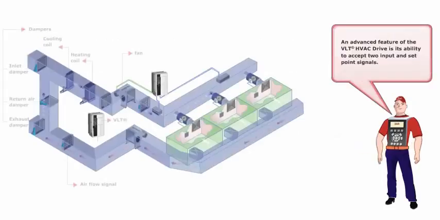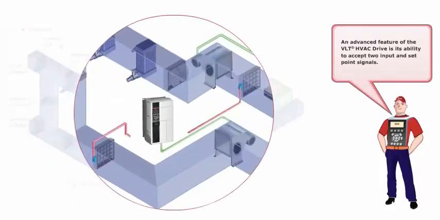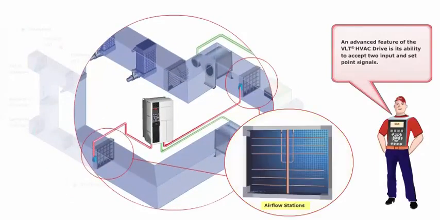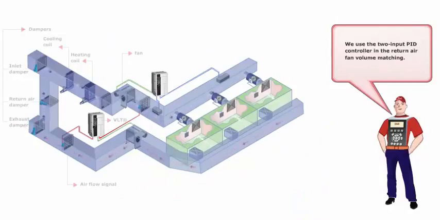An advanced feature of the VLT HVAC drive is its ability to accept two input and set point signals. We use the two-input PID controller in the return air fan volume matching.